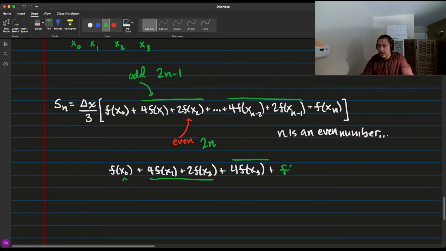And then you get f of x4. Sorry, I read it wrong. So you have pairs and then there's a final 4. And then you have your last one.